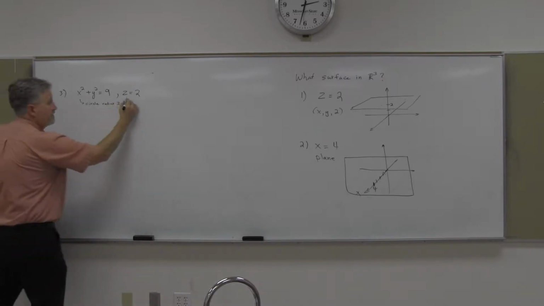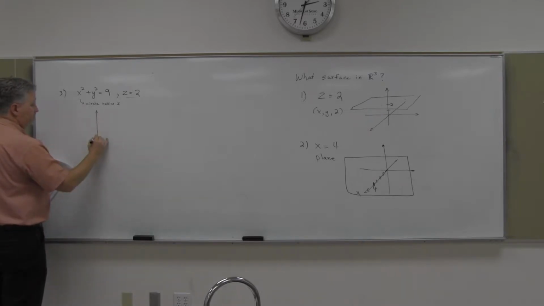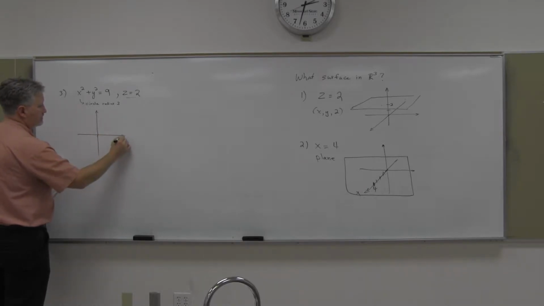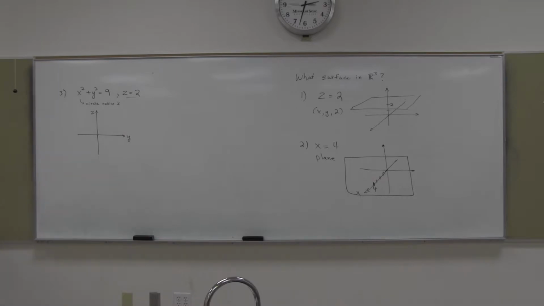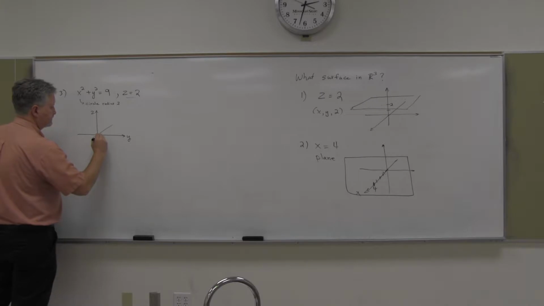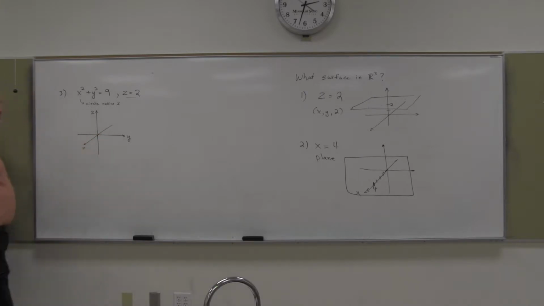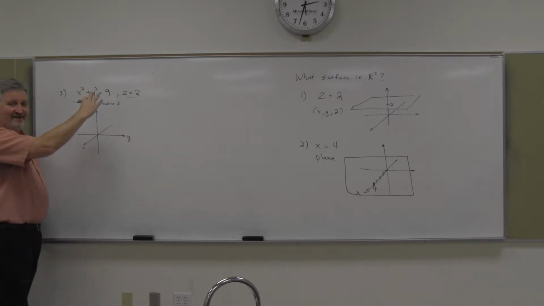However, we throw in the fact that z equals 2. That's the y-axis, that's the z-axis, and then the x-axis here. So it's a circle in the xy plane. However, z equals 2 tells me where it's located, right?